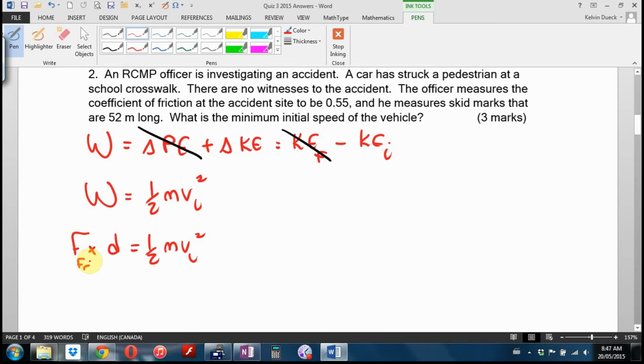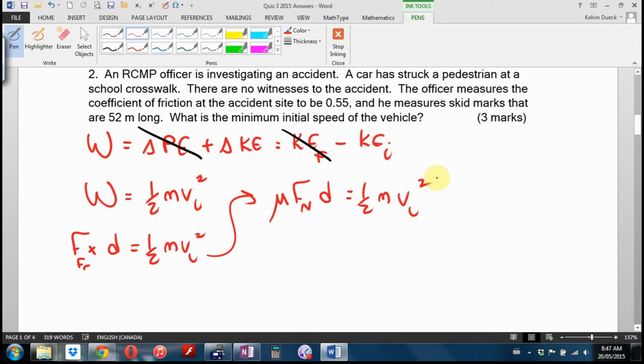Okay. We're trying to find this. We'll get this by itself eventually. Oh, Spencer. Friction is what times what? So if I hear you, I think I can say mu Fn times d equals a half mv initial squared.